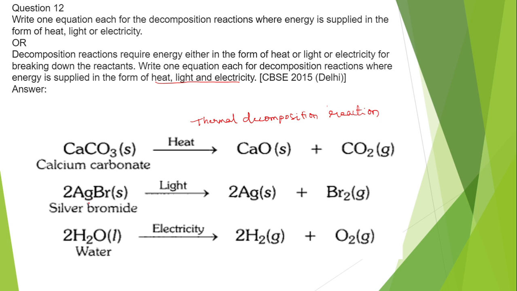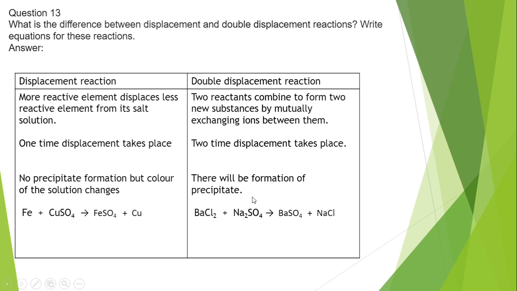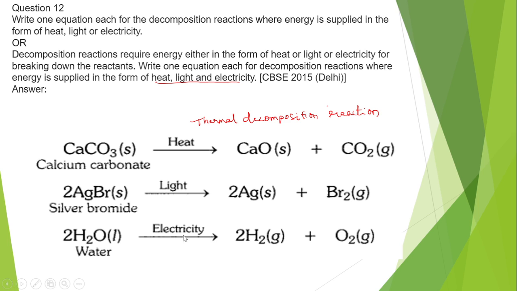The second one is decomposition of silver bromide in presence of light. AgBr in presence of light forms silver and bromine gas.